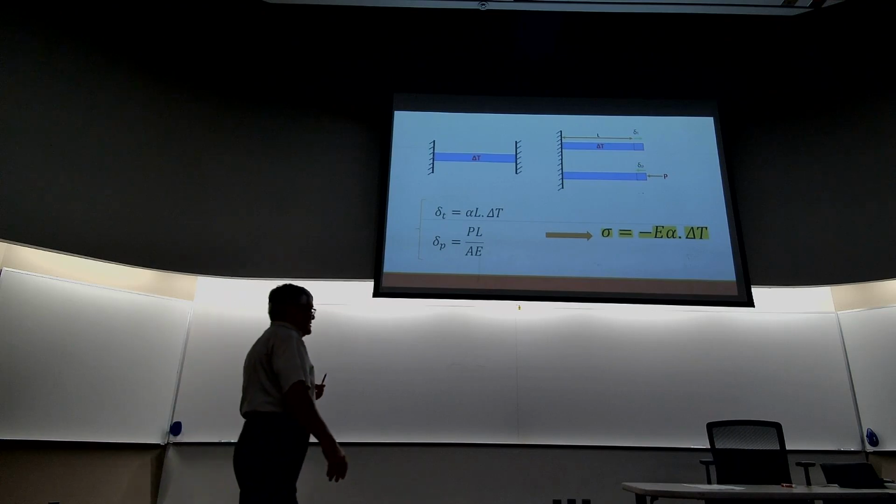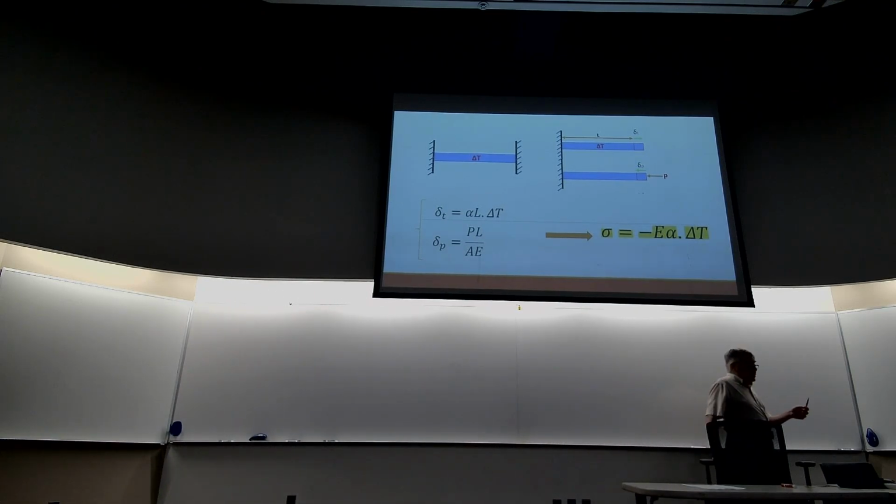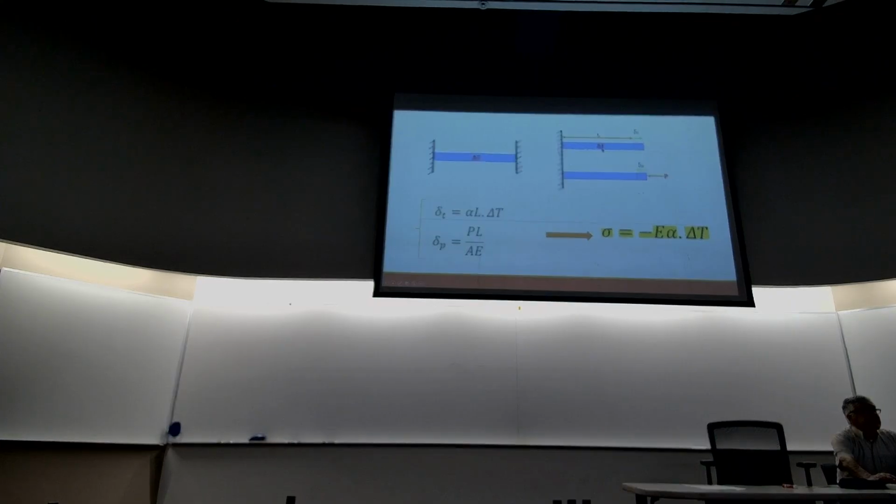What this means is that we are imagining that the right wall has been removed, as you can see in this figure, and this is the effect of temperature change. The material simply elongates by this amount, given by the first equation.